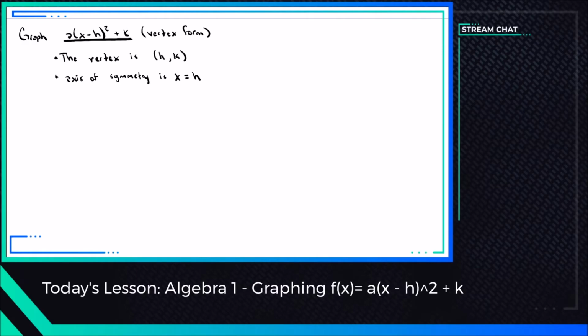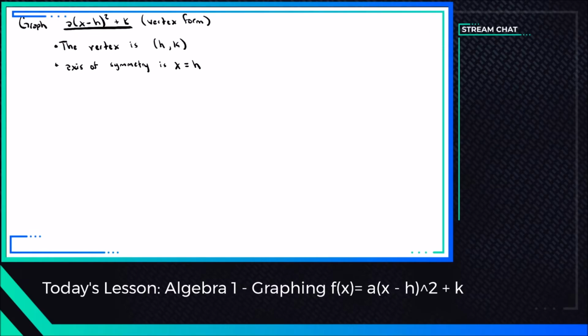So why don't we use that knowledge to now graph g of x is equal to negative 2 multiplied by (x plus 2) squared plus 3. All right, so we're going to do the same exact steps that we just did.